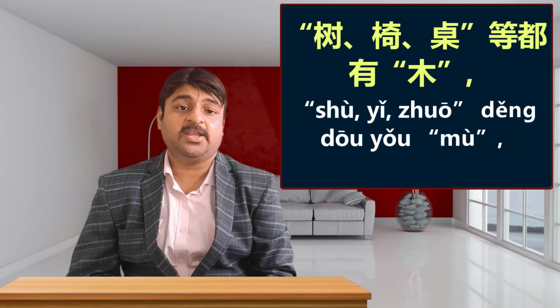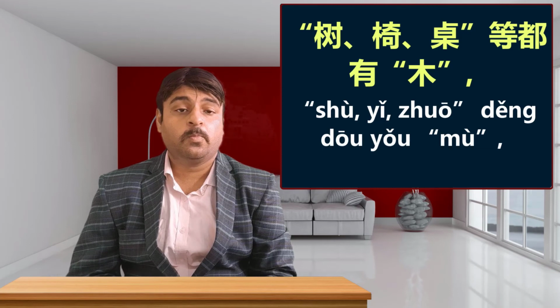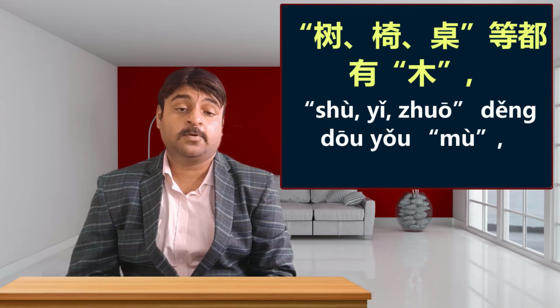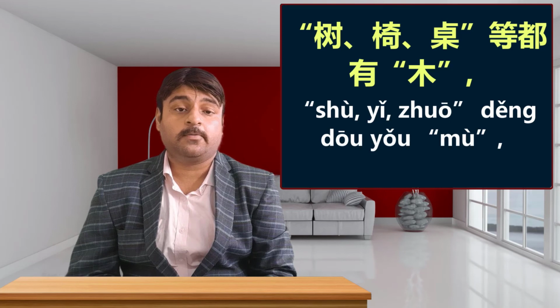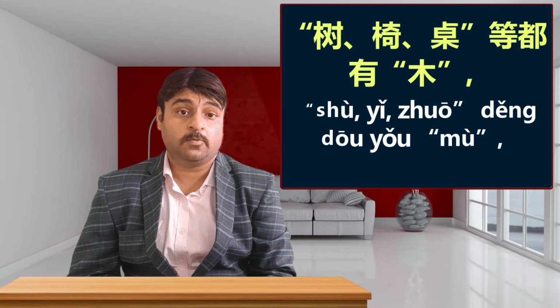Yi, zhuo, shu: all these three words have a common radical, mu. Yi is chair, zhuo is table, and shu is woods or trees. All these three words have a common part, mu.